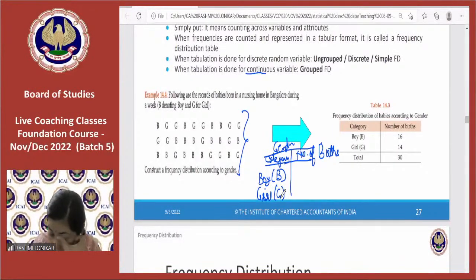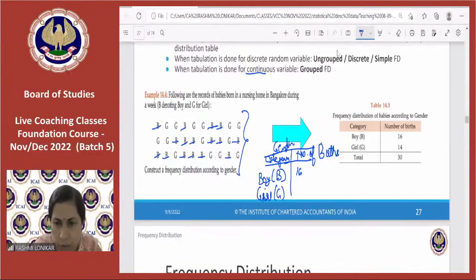First, I'll count the boys. I go column-wise. 1, 2, 3, 4, 5, 6, 7, 8, 9, 10, 11, 12, 13, 14, 15, and 16. So 16. Now I will try to count the number of girls.